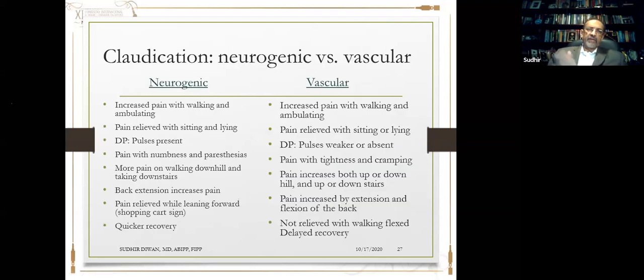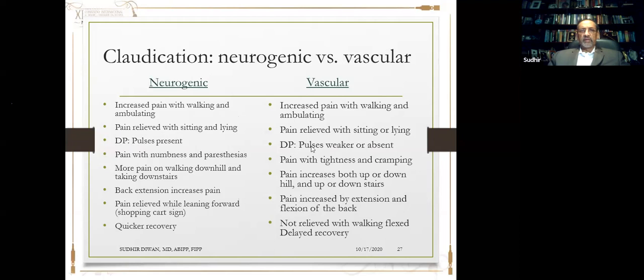Now, when it comes to claudication, we should also know how to differentiate neurogenic claudication from vascular claudication. If you look here, the first two, increased pain with walking and ambulation, and pain relieved with sitting and lying, are common with both conditions. However, vascular perfusion is good in neurogenic, versus vascular, where perfusion would be poor.